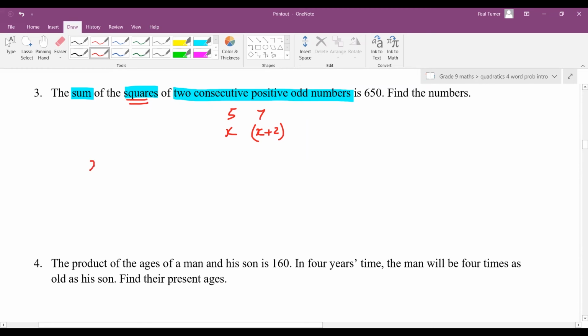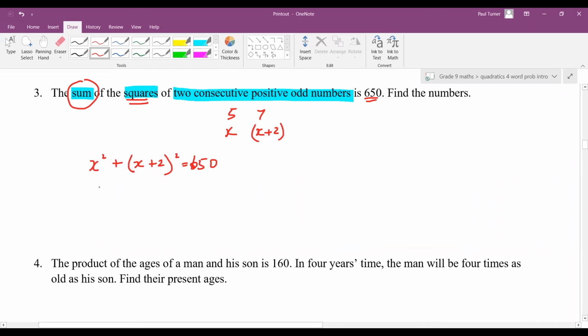You'll end up with x squared, the sum, so plus x plus 2 squared, and you should get 650. As you can see again, we just have a quadratic equation here.